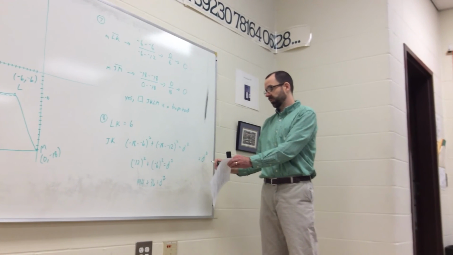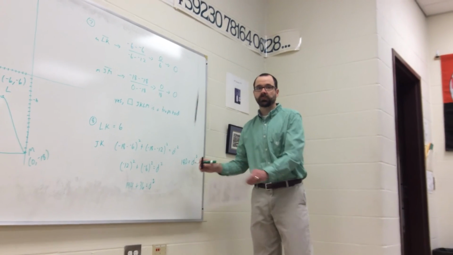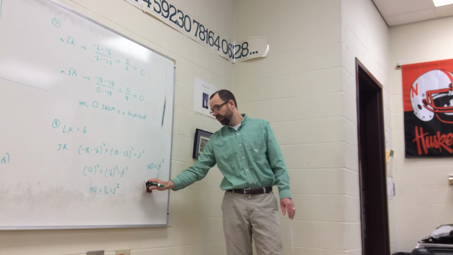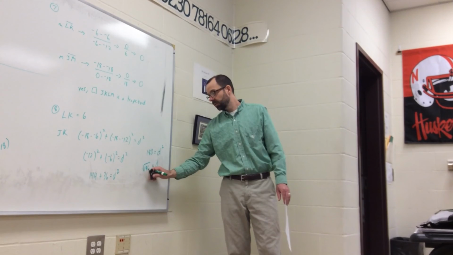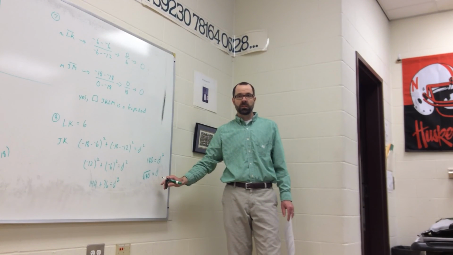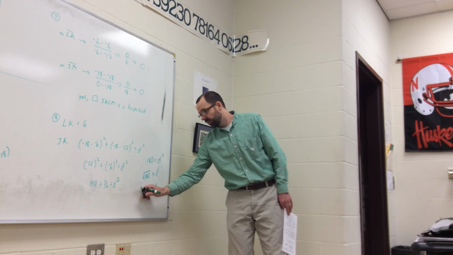See, 144, 150, 180. So now we've got the square root of 180. That'll split up into 36 and 5.